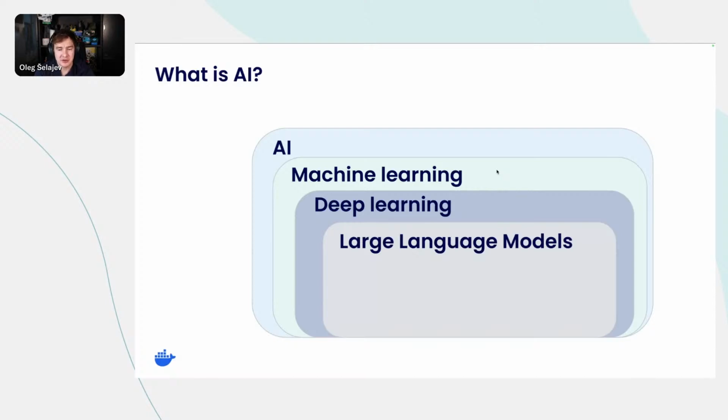And large language models are the technology that we currently sort of use and assume when we talk about AI. So this is what we're going to build into applications. We're going to talk about how to use language models in our applications to implement parts of functionality that we would like to see in there.